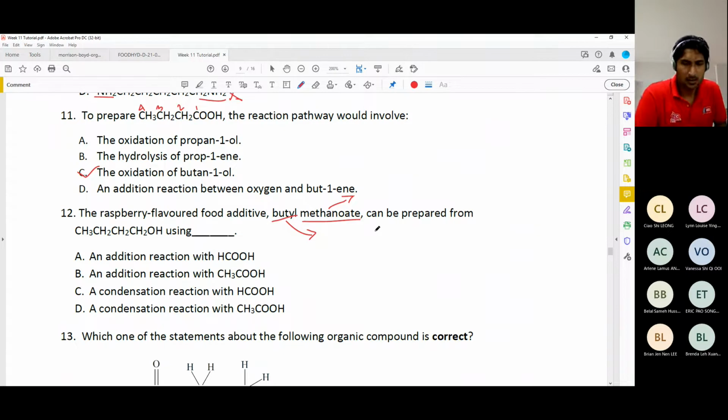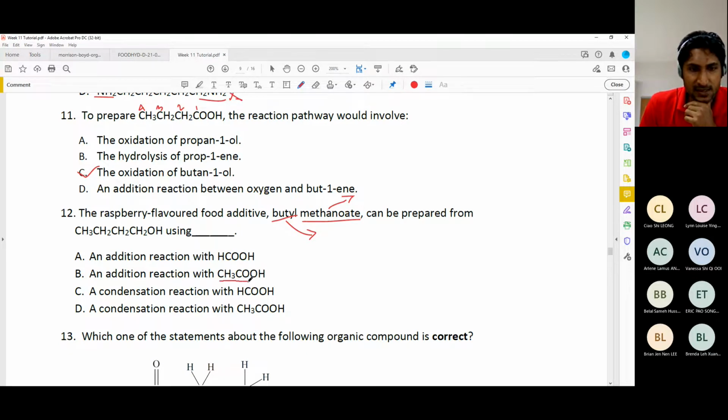The reaction is a condensation reaction, and it is happening between butan-1-ol and methanoic acid. So which one is methanoic acid?